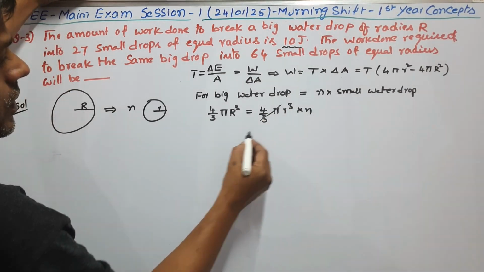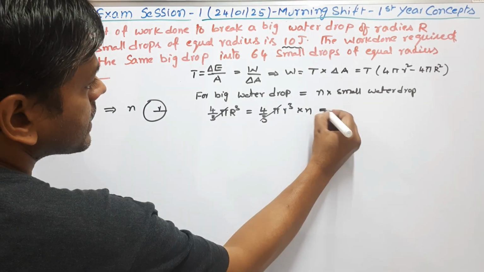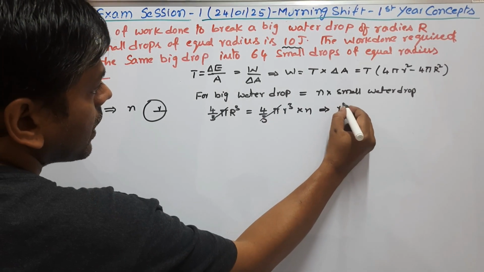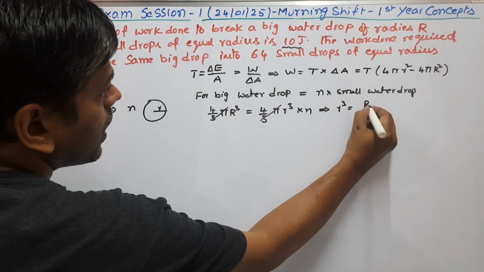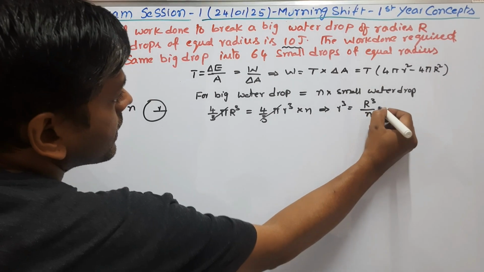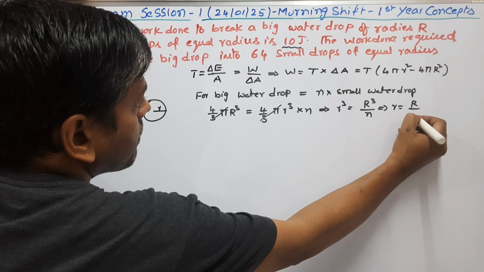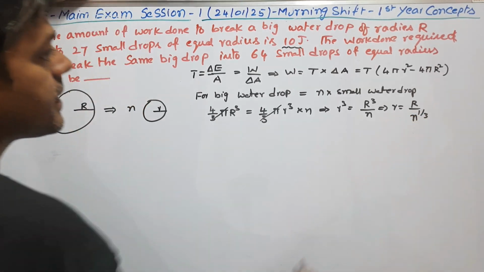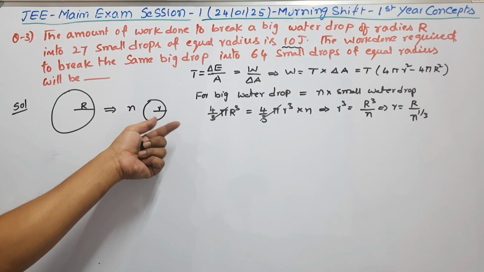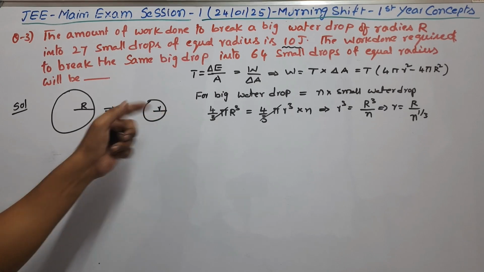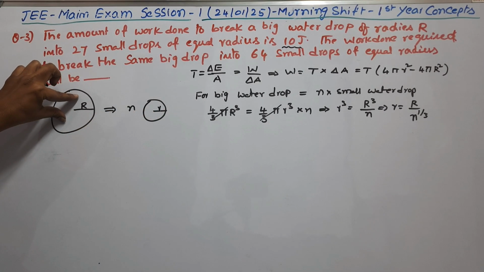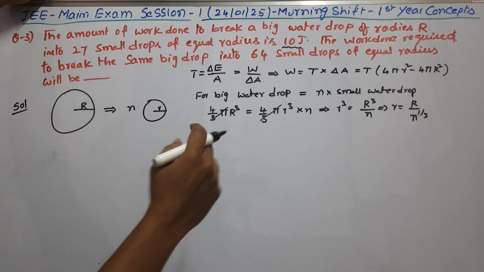The 4/3 pi cancels. That implies r cube is equal to R cube by n. That implies r is equal to capital R by n power 1 by 3. This is the radius of each small water droplet after splitting the big water drop.